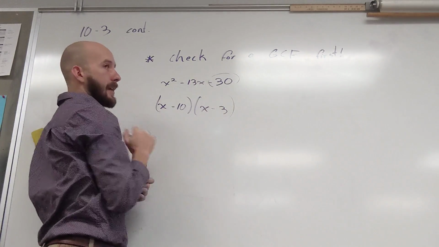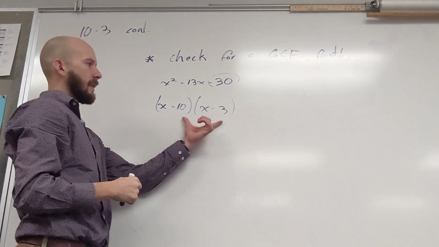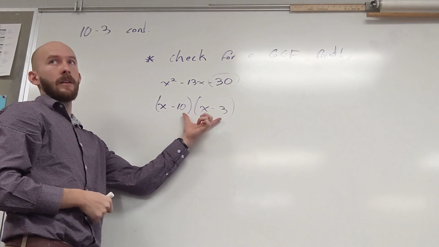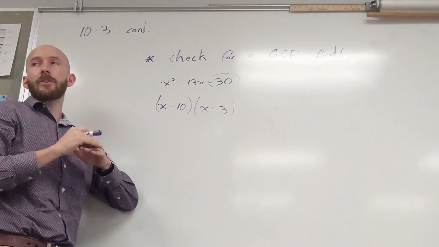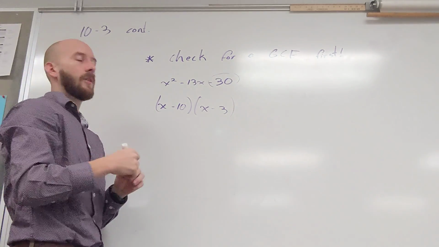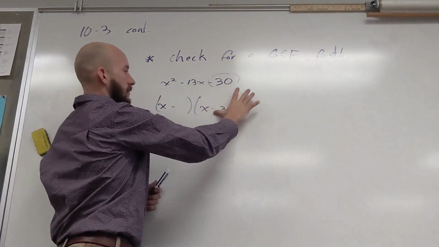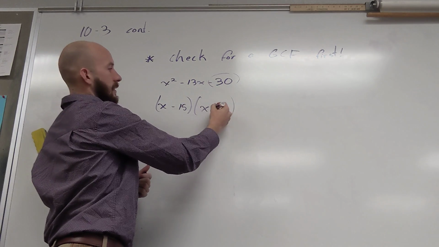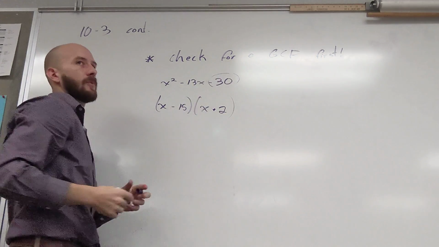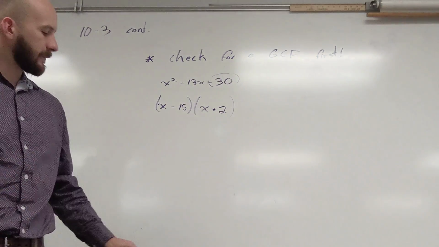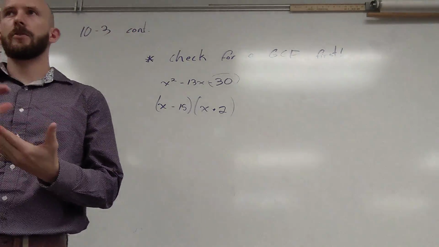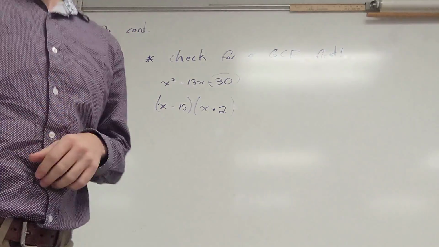Well, now that adds to be -13, but that doesn't multiply. That would multiply to be -30, not +30. Okay. 10 and 3 actually doesn't work there at all. You had to use -15 and +2. Okay. So just be careful, and if you need to, you can check to make sure that they work on a calculator.